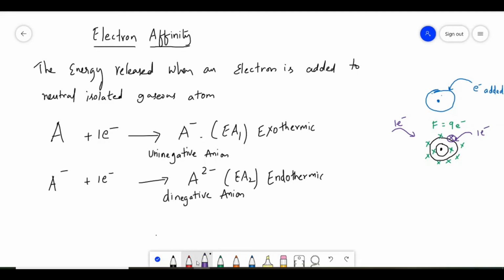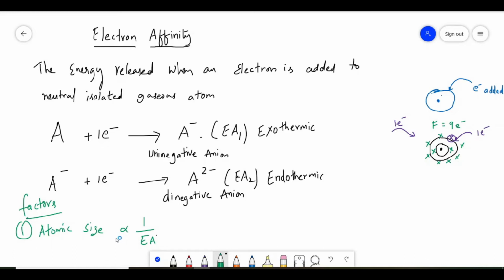Next, electron affinity also depends on three factors. The first factor is atomic size. Atomic size is inversely proportional to electron affinity. If size is less, electron affinity is more.